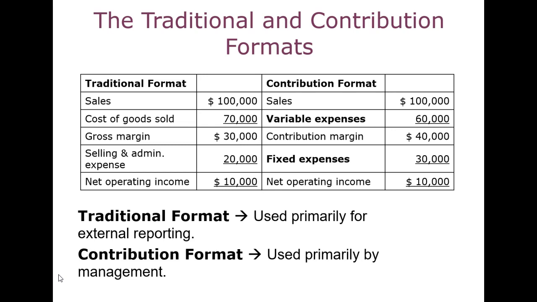That gives us something called contribution margin, not gross margin, contribution margin. Then we take away fixed expenses, and that gives us net operating income. Another definition we're going to see in the future: contribution margin is equal to your sales minus your variable cost. So here you can see it in income statement format. Sales minus variable expenses gives you contribution margin.